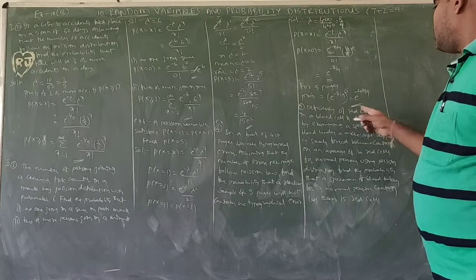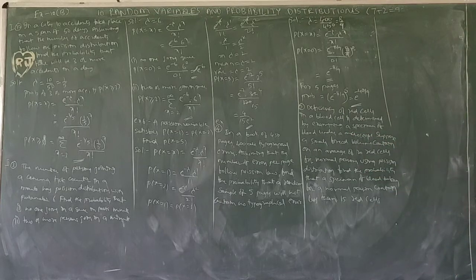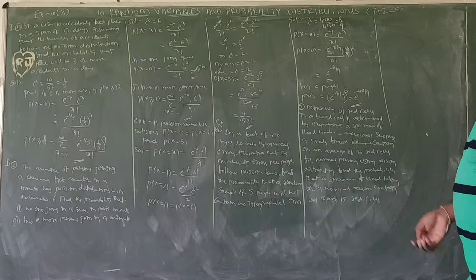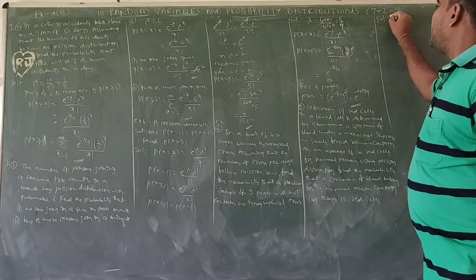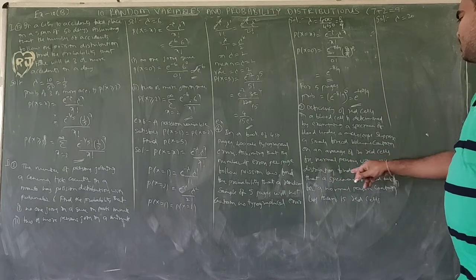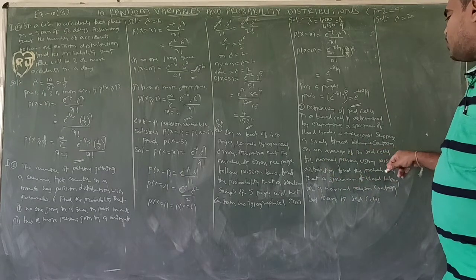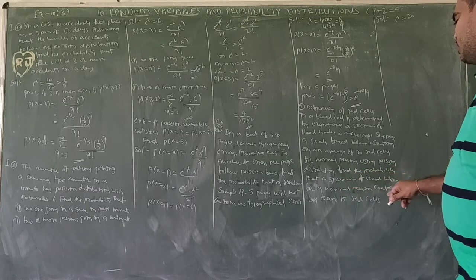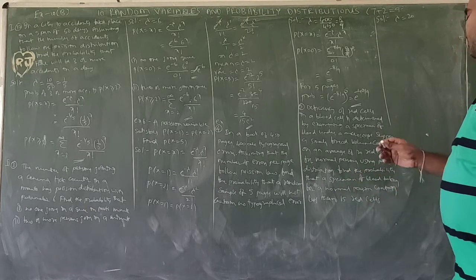So deficiency of red cells in a blood cell is determined by examining a specimen of blood under a microscope. Suppose a small fixed value contains an average of 20 red cells. So solution: average 20, lambda equal to 20. For a normal person using Poisson distribution, we need the probability that a specimen has less than 15 red cells.